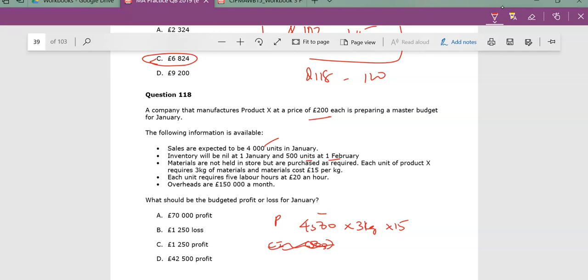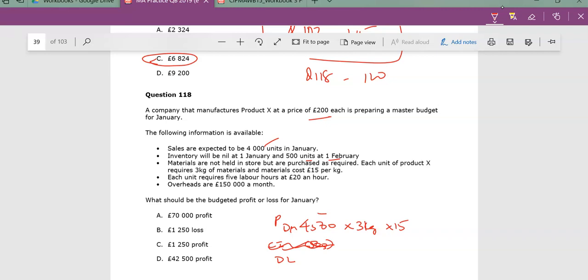And then it says that each unit requires 5 hours of labor. So this is direct materials that we're talking about. So let's talk about direct labor. Materials are each unit.